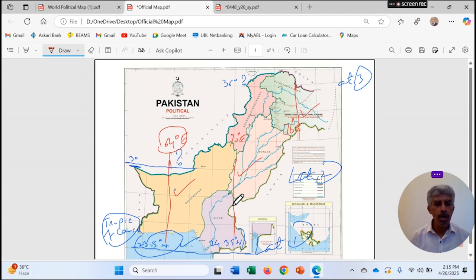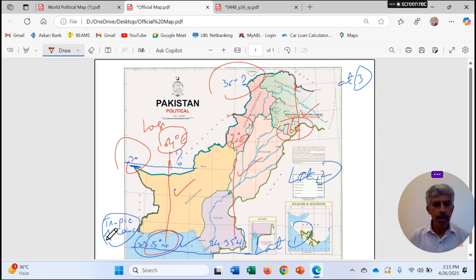So overall you are supposed to be identifying 6 lines on the whole map, 3 of longitude and 3 of latitude.